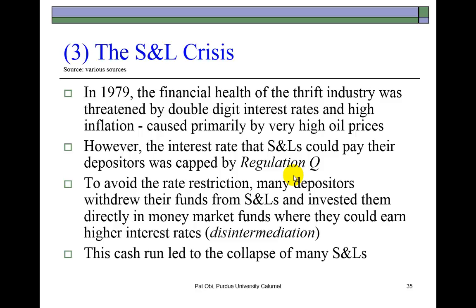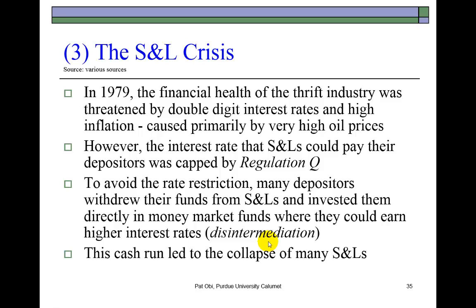So it was well intentioned, but as it turned out, many depositors, as I note here, withdrew their funds from savings and loans when market interest rates were high and then invested them directly in money market funds and other money market accounts out there where they could earn higher interest rates. The process of withdrawing your money from a financial institution and then investing directly in the financial markets is called disintermediation. Intermediation is going through a financial intermediary, that is.